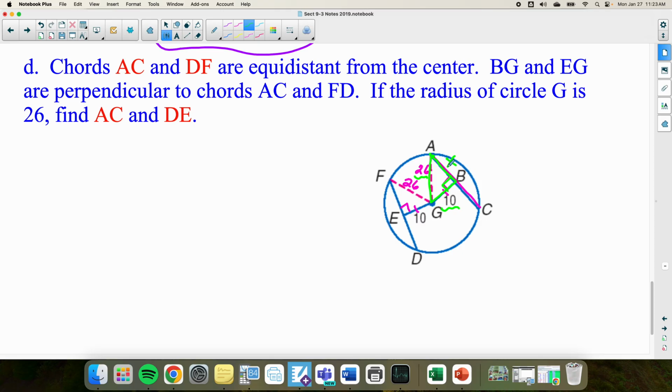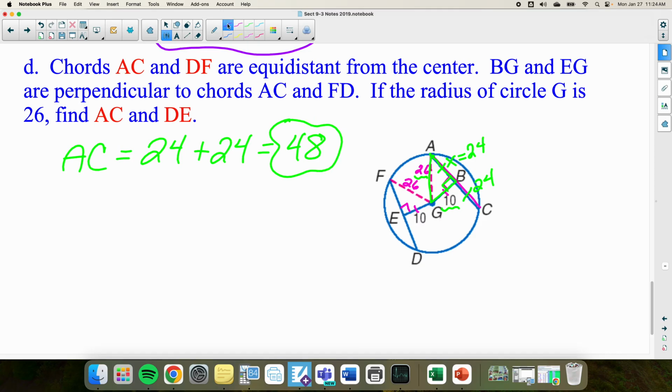That's a Pythagorean triple, and it's 24. Okay, so 10, 24, 26 is a Pythagorean triple. So do you guys get it? This is 24, this is 24, and AC would be 24 plus 24, which is 48.